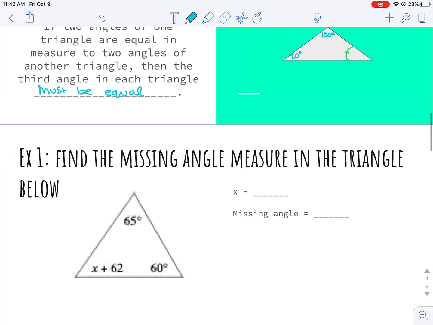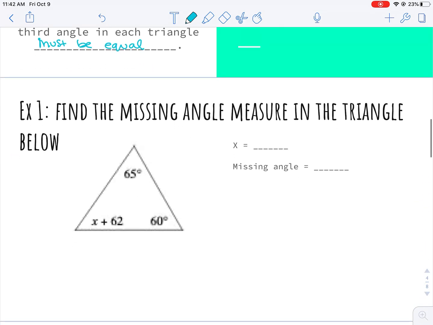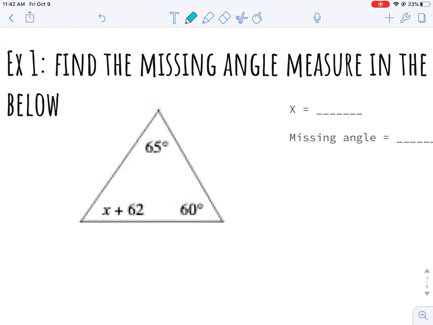So we're going to do some examples, and we're going to use some algebra with this. I'm looking at my triangle, and I have 3 angle measures, and I know they add up to 180. So I can use algebra and say 60 plus 65 plus x plus 62 must equal 180 degrees.